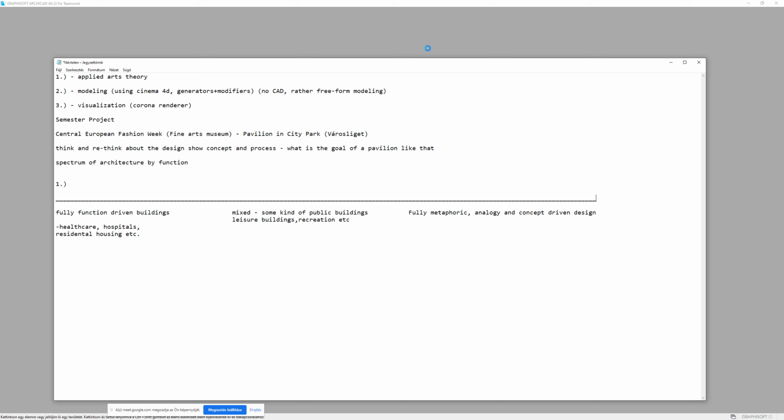Religious buildings. Well, yeah, religious buildings are quite good examples. But something else, something even more extreme, was in my mind. Can you tell another one? It's not a classic building, rather, let's say, an installation, a huge installation.